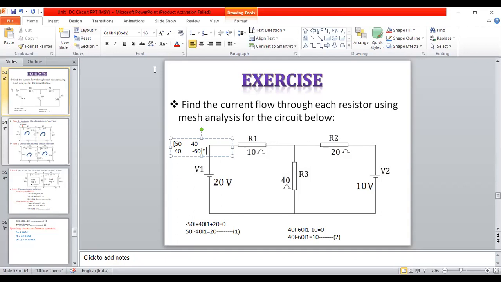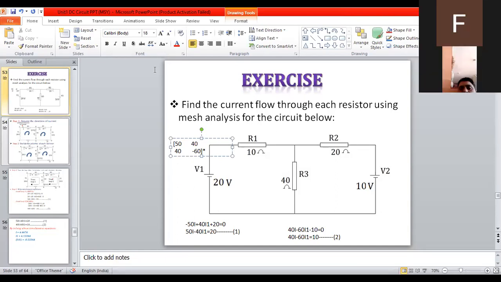So listen. Is it visible? Yes, sir. Pen and paper here.